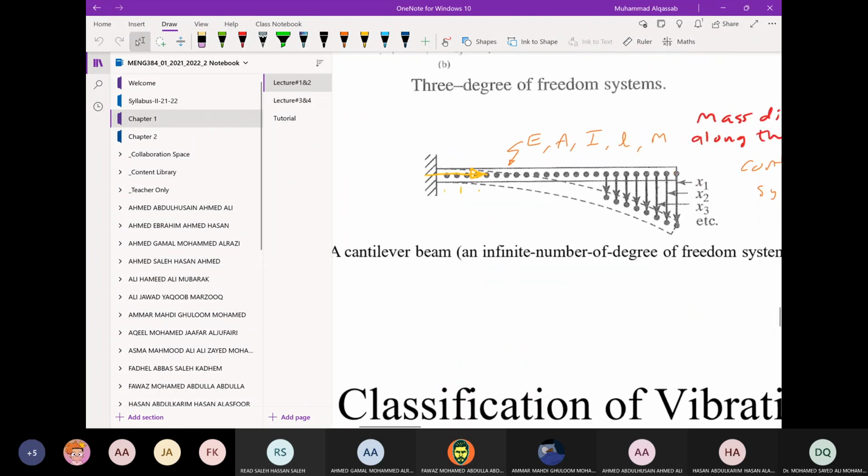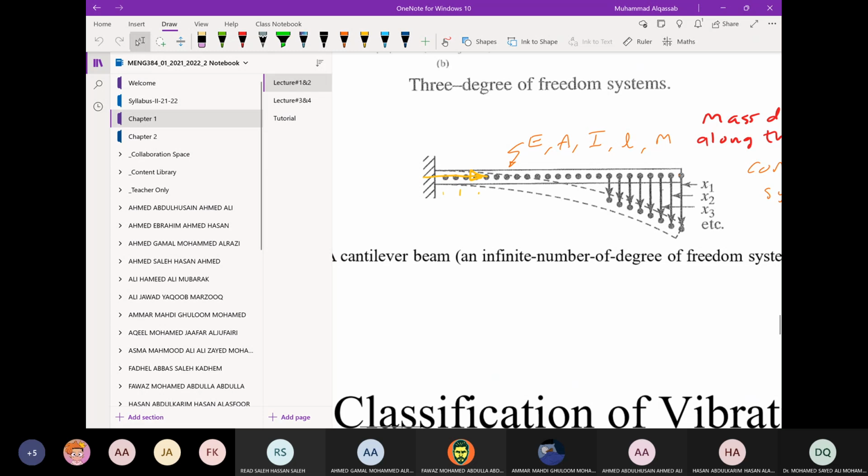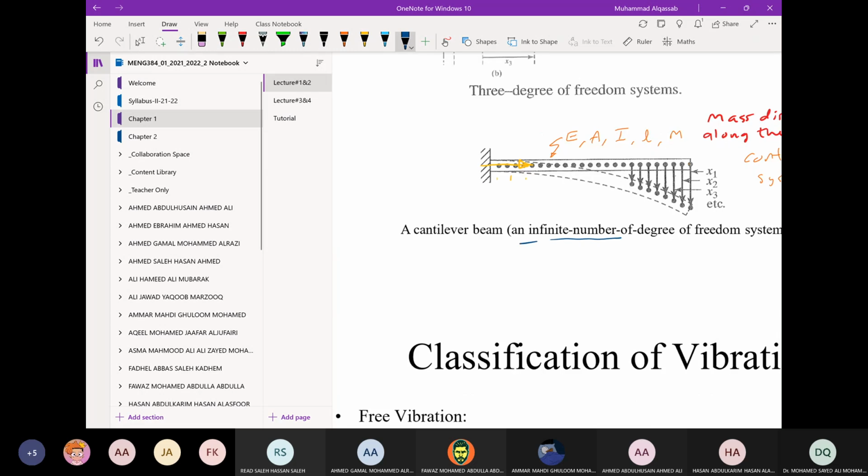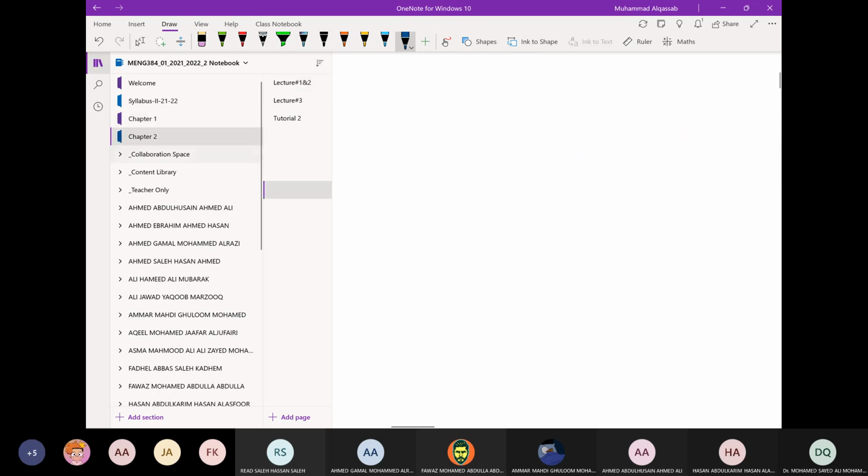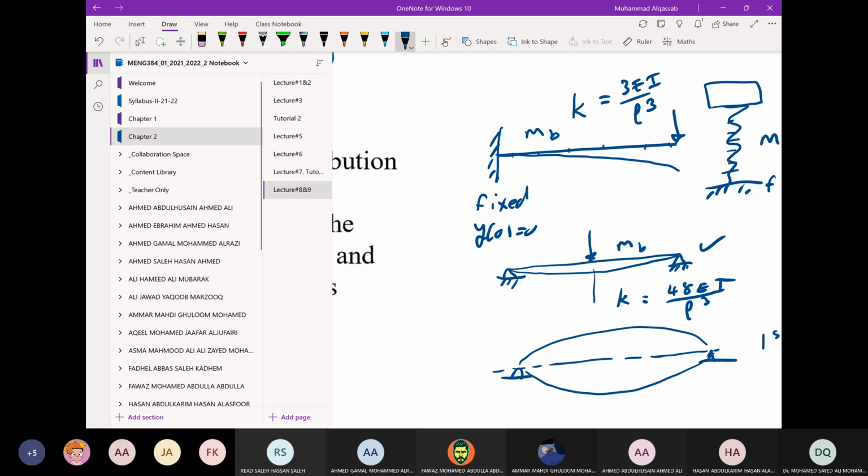We said that a cantilever beam has an infinite number of degrees of freedom, because if the mass is not zero, then the kinetic energy is not zero, and at each point you can consider there is part of the mass, and there can be infinite number of points. This makes the system have infinite degrees of freedom.